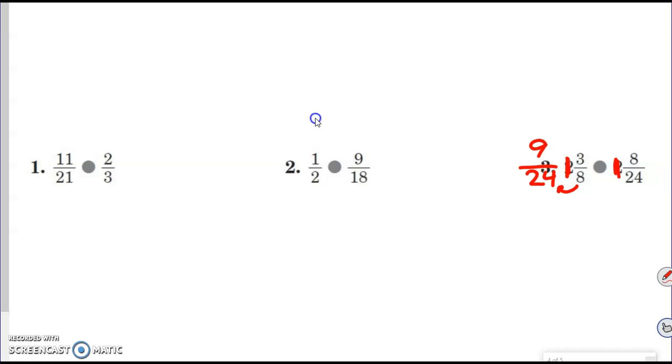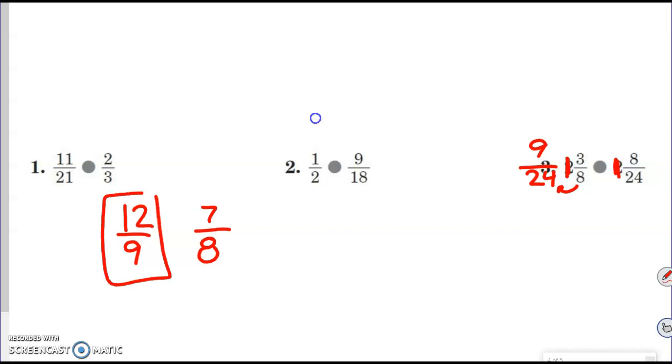I did want to mention that sometimes when you compare fractions, keep a lookout to see if any are improper. So, let's say I was comparing 12/9 and 7/8. Before you even get into common denominator or cross multiplying, recognize 12/9 is a mixed number, right?